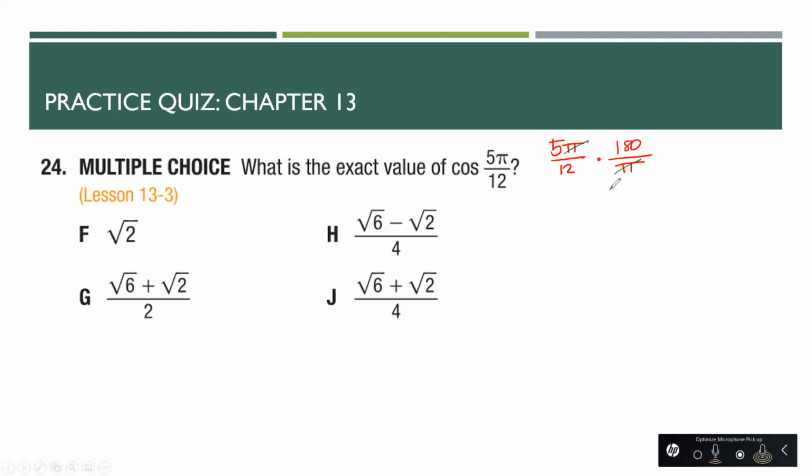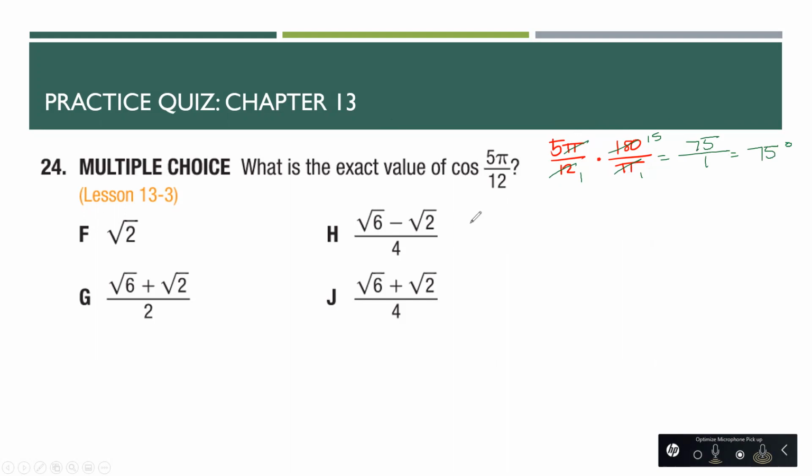Simplify pi over pi, and then 12 and 180 have a common factor of 12. 12 goes into 12 once, and 12 goes into 180 15 times. So I've got 5 times 15, which is 75, and then 1 times 1, which is 1. So this is 75 degrees.